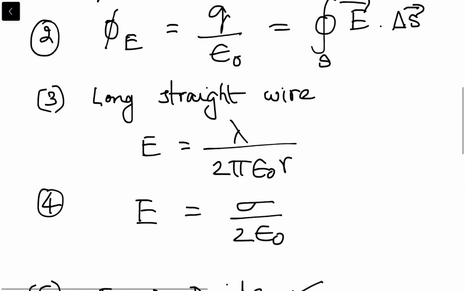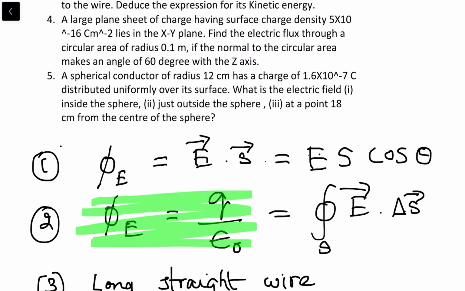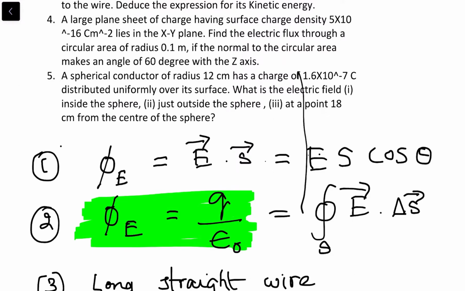So the formula which we have to use is flux phi E is equal to Q by epsilon naught. This is the formula which we have to use now. So let's use that formula.